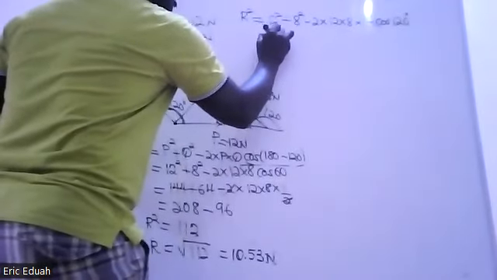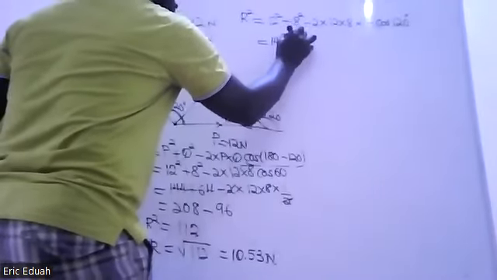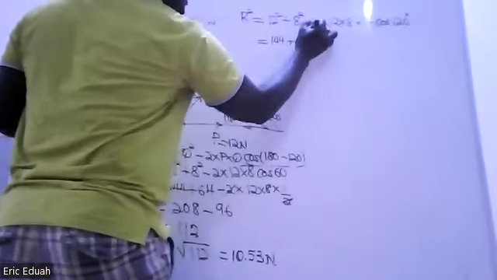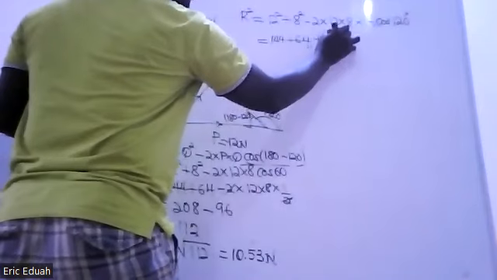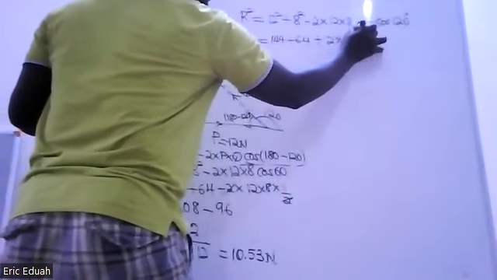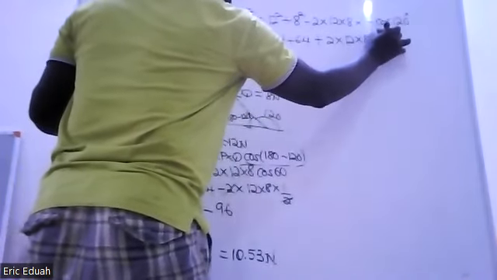So 144 plus 64, negative times negative, plus 2 by 12 by 8 cos 120.